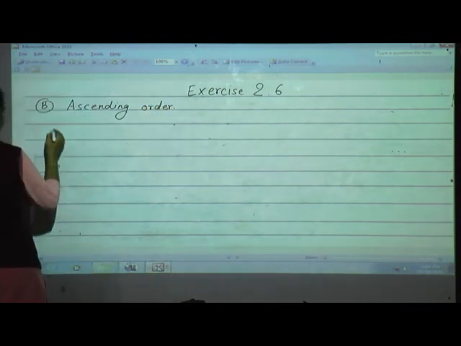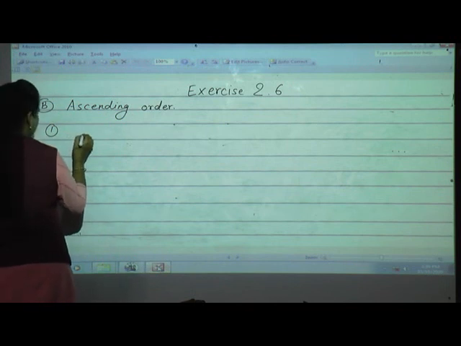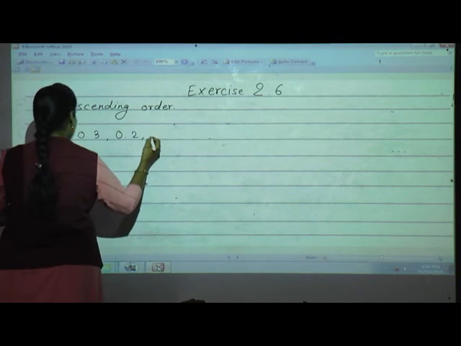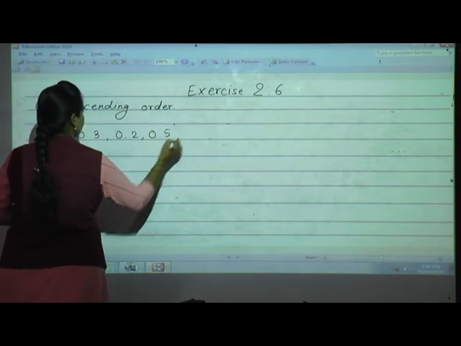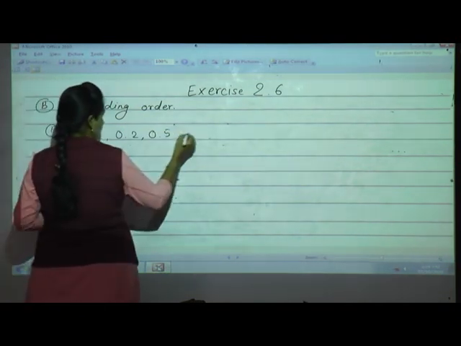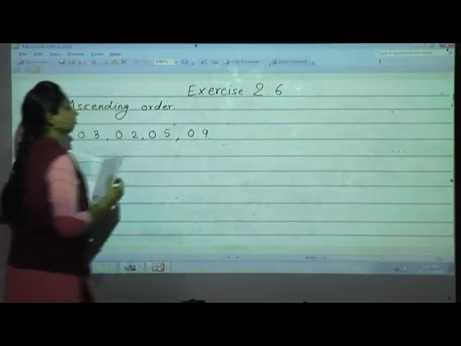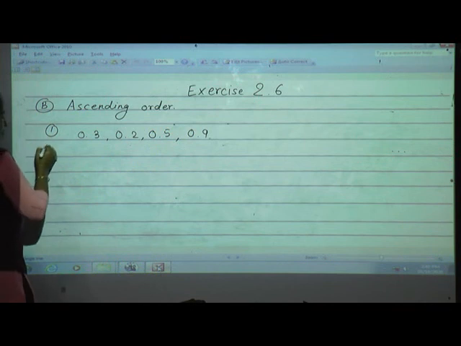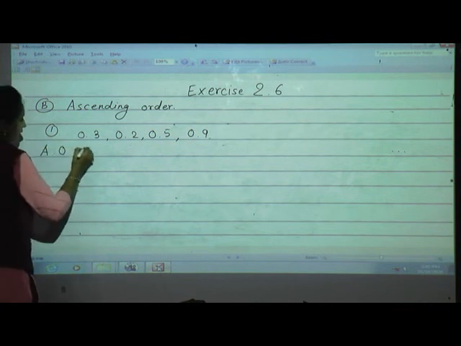Ascending order. First one I will take 0.3, 0.2, 0.5, 0.9. Yes, we have to arrange these numbers into ascending order.